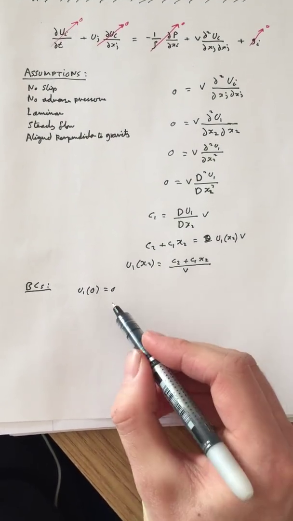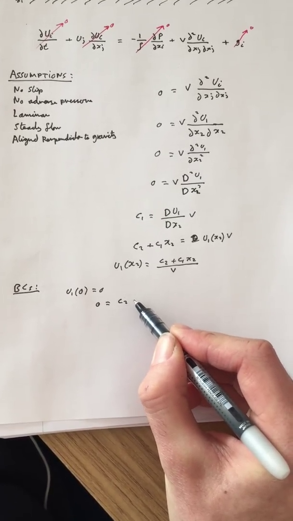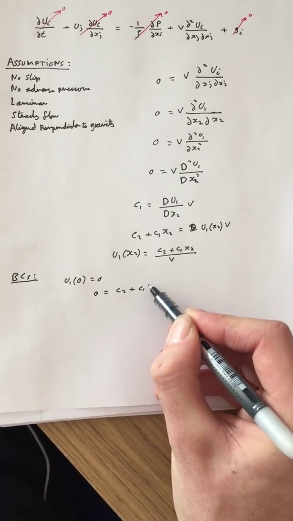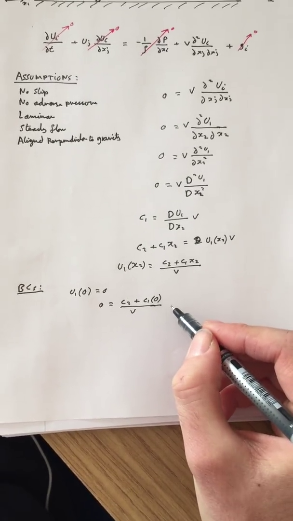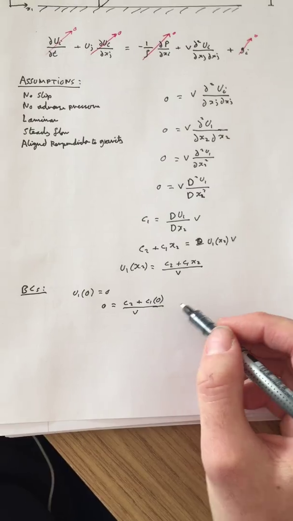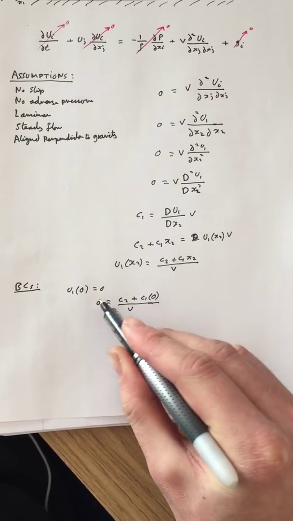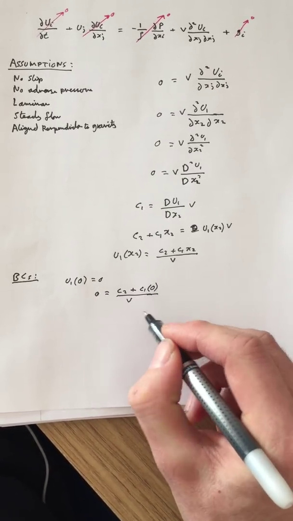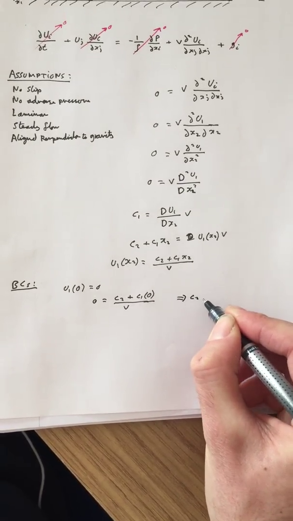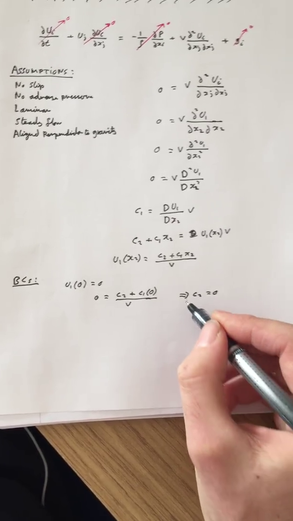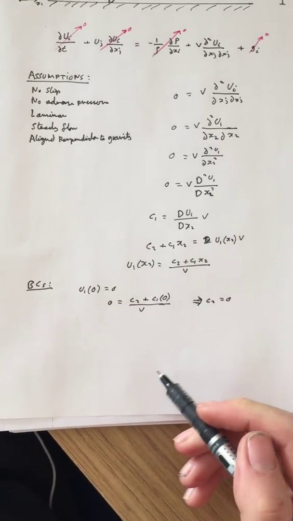Plugging this into this equation here, we get 0 is equal to c2 plus c1 times 0 divided by viscosity, which is equal to 0, so this is 0, so that means c2 is equal to 0. Just for people who are not aware, this sign here means implies.